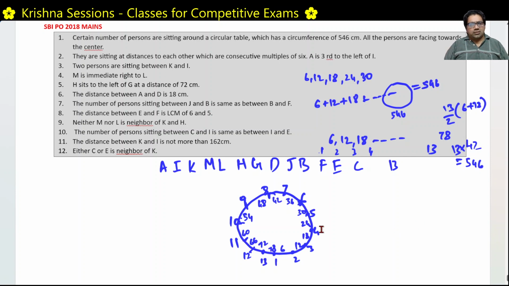These are the distances between two different people. We just name different seats. If someone is sitting here and another person is sitting here, their distance would be 6 centimeters.